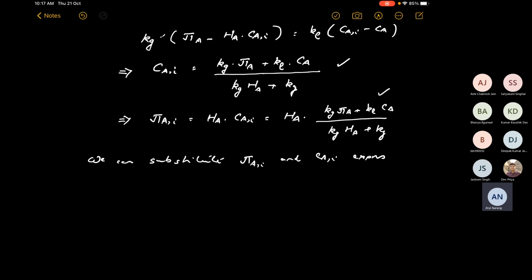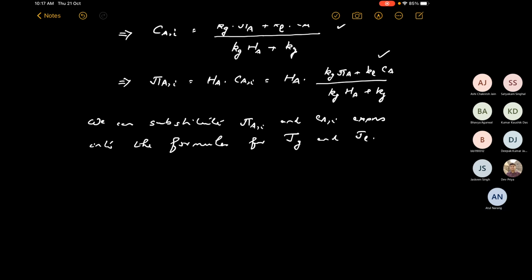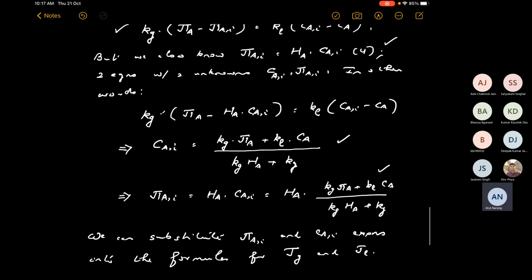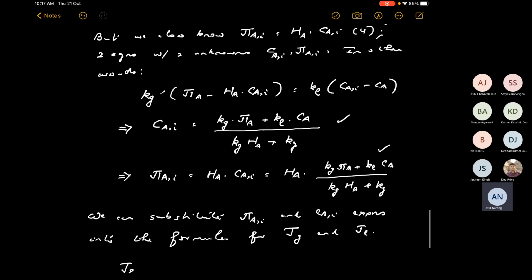We can substitute these expressions into the formulas for J, G, and JL. So let's start. Well, we have JL, right? What was my notation? JL.